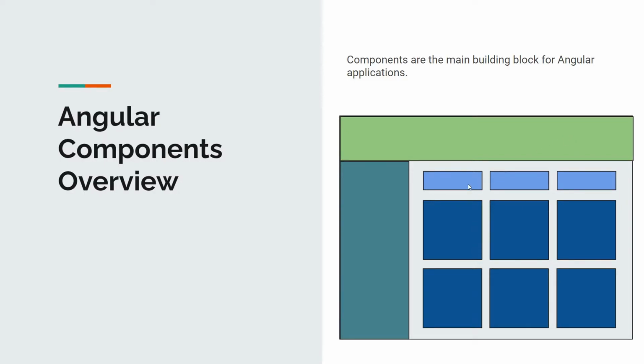For example, if this is a home button, this is, let's say, a contact us button, and this is an about us button, all of these have a click event and also a name. We can create one particular component called menu button component, and by injecting a particular name and event into this component, we can reuse its functionality in three instances like in the image.